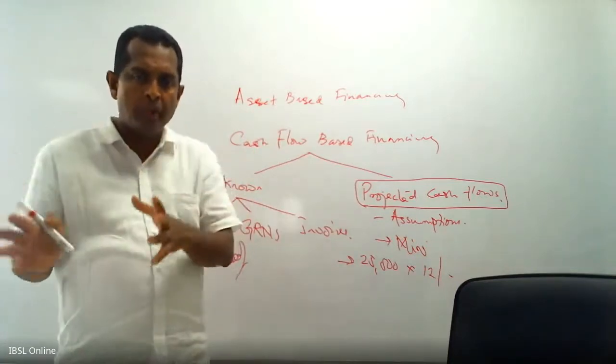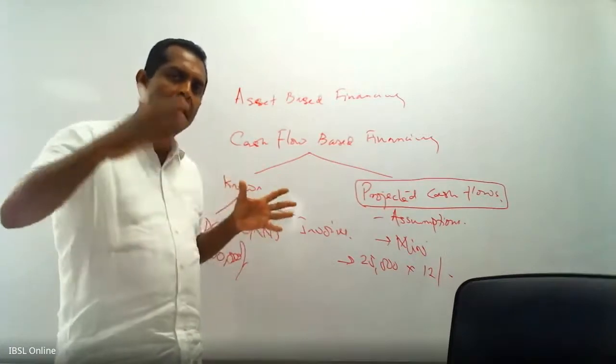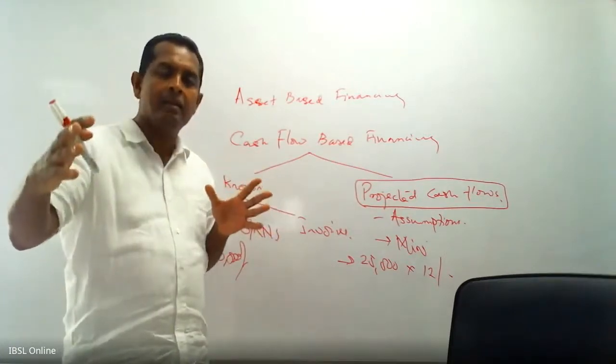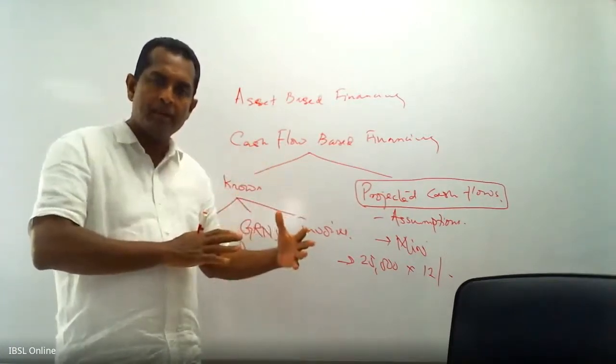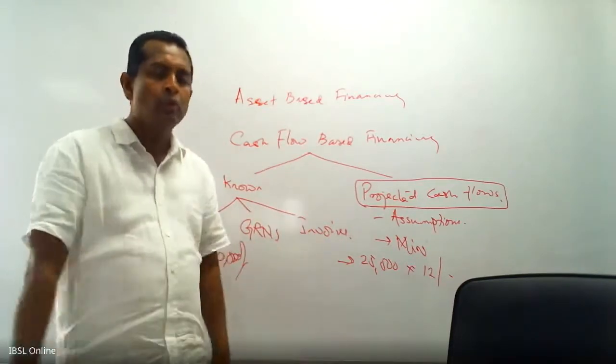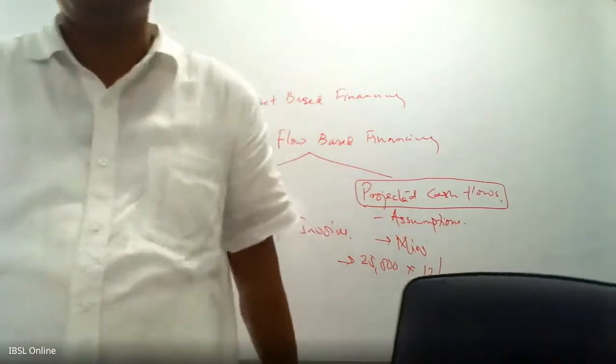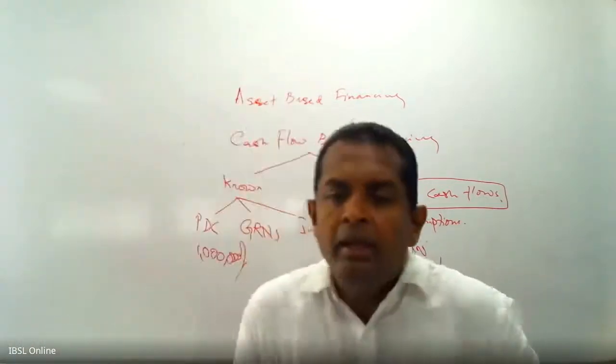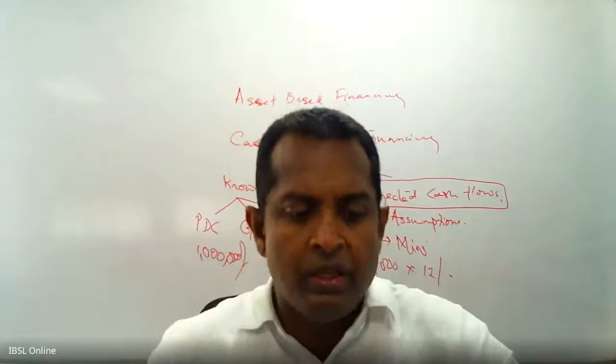So we should know the market. We should know the technicalities. We should know the pricing. Then we project the revenue. So these kinds of things are based on complicated cash flow projections.